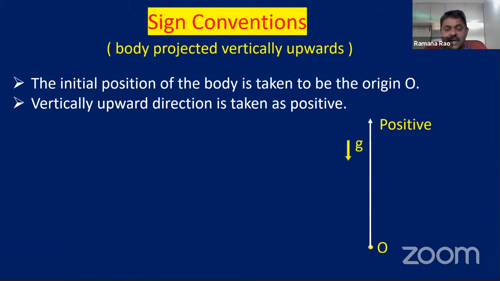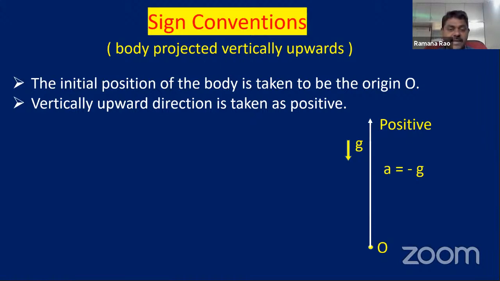In straight line motion, we only have two directions. So if one direction is positive, that is upward, the downward direction is negative. So a is equal to minus g. Only the sign of acceleration due to gravity is negative.